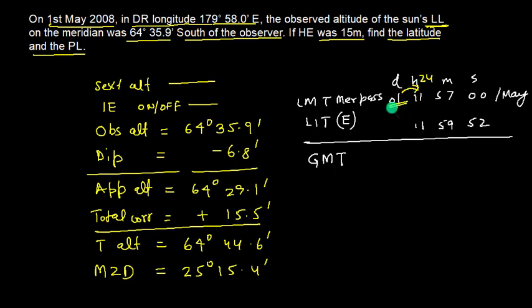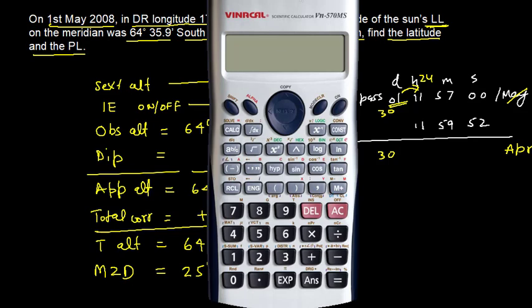So, that becomes 30th and the month changes to April. So, here I write April and this is 30th. Now, this is 11 and 24 hours. I think I should show you the working with the calculator.